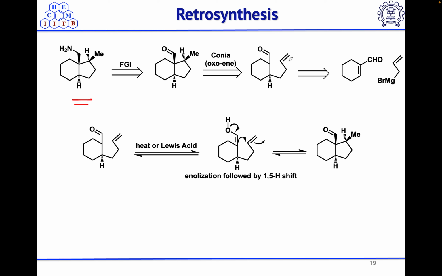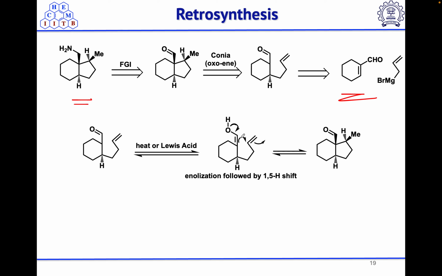And this aldehyde and this olefin, how can we get them? If you have this alpha,beta-unsaturated aldehyde and you add allyl magnesium bromide, you will get this homoallyl compound, right? Now how does this Conia-ene reaction work? Under heating or Lewis acid conditions, the aldehyde will be in equilibrium with this enol.